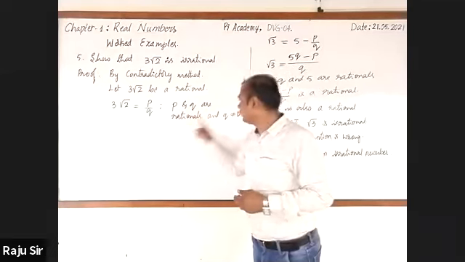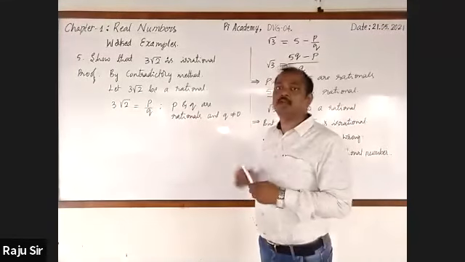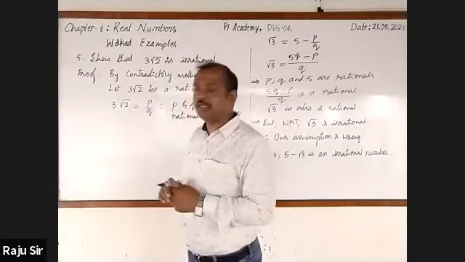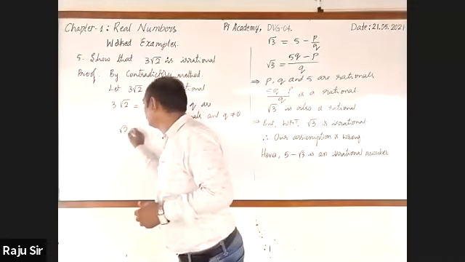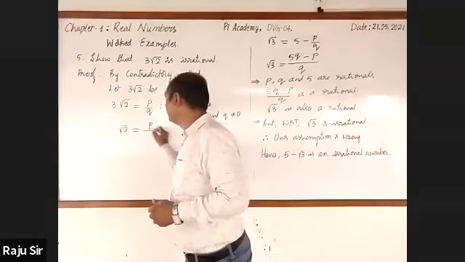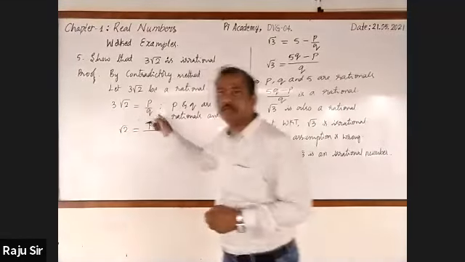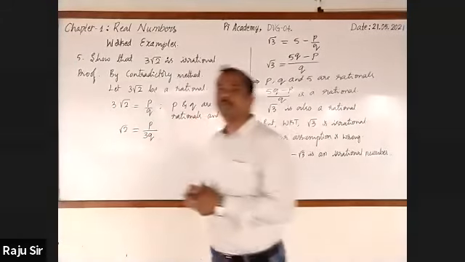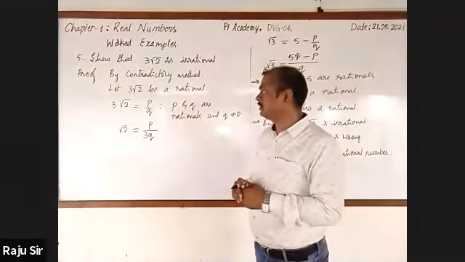P and Q are rationals and Q is not equal to 0. Now solve for root 2 only. Root 2 is equal to P by, transpose 3 to the denominator, this will be 3Q. Hope you have understood.